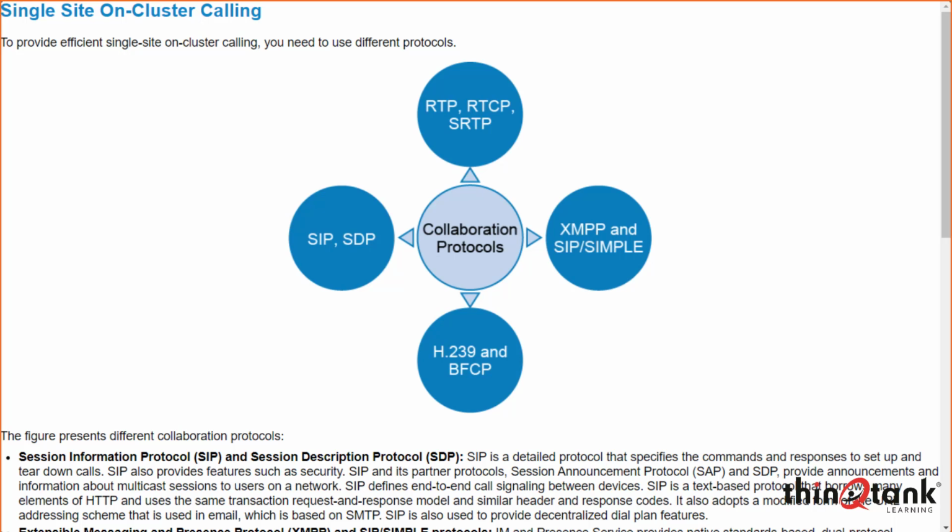SIP is the Session Initiation Protocol. It is a call control and signaling protocol, and we use it to initialize or maintain or terminate voice and video calls. I mean, it's used for other things as well, like messaging applications and so on, but it is a call control protocol.